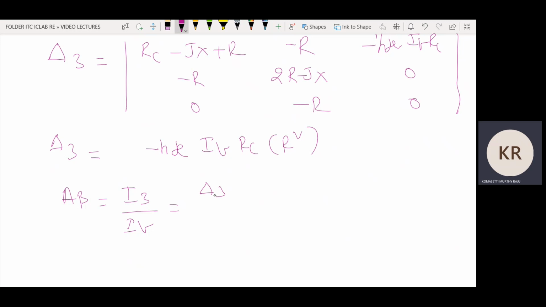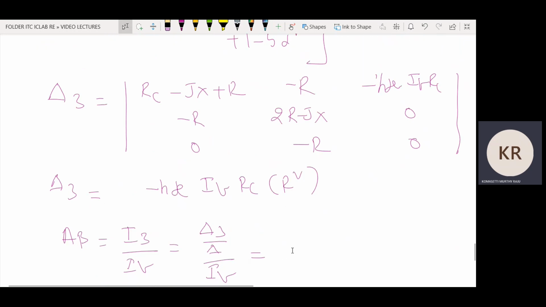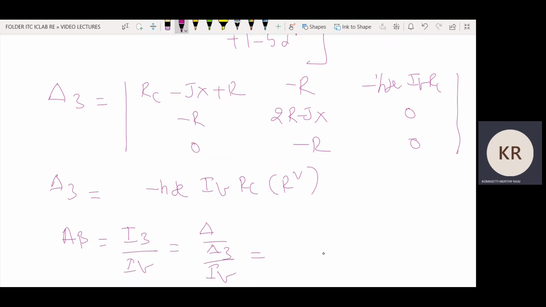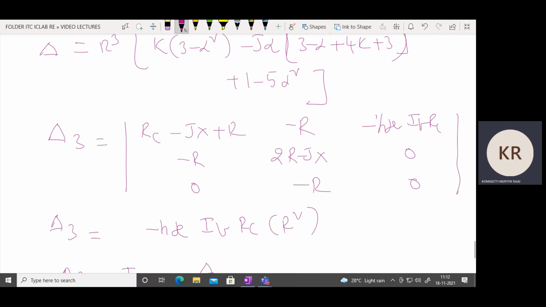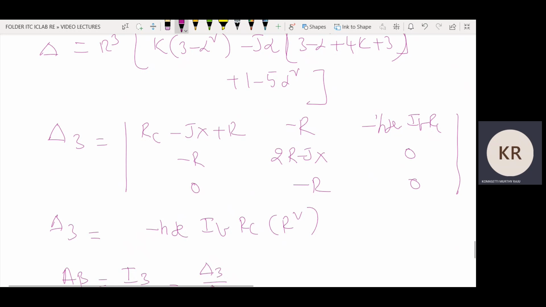I3 is equal to delta 3 by delta, by IB. Delta 3 by delta.